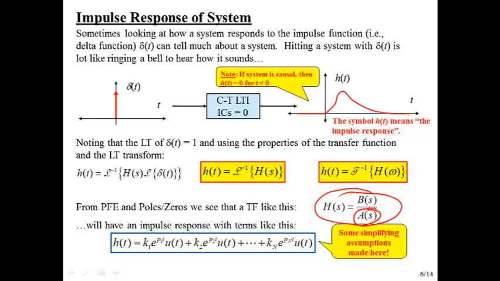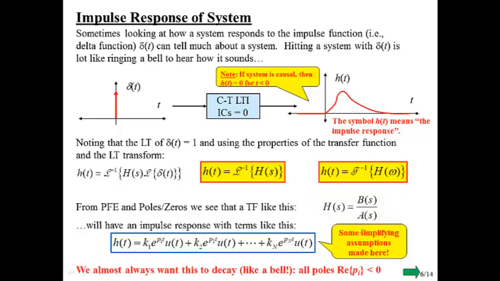Then when we do a partial fraction expansion and do the inverse transform of this, we'll get all these kinds of terms, and we can see that when these roots of the denominator polynomial have negative real parts, these things are going to decay, and we'll talk more about that as we go on here. For real-world systems, we want our impulse response to decay with time, and that means all the poles have to have real parts that are less than 0.